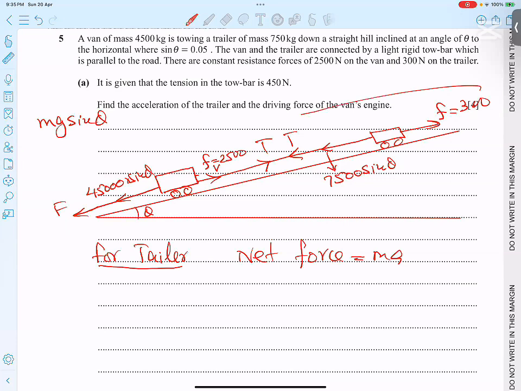How many forces are acting on the trailer? If you check carefully, tension, weight component, and friction. So I'm starting with tension plus 7,500 into sine theta minus friction equals MA. That is 750 and A. And tension is given as 450. This time I'm replacing the sine theta value, which is 0.05.